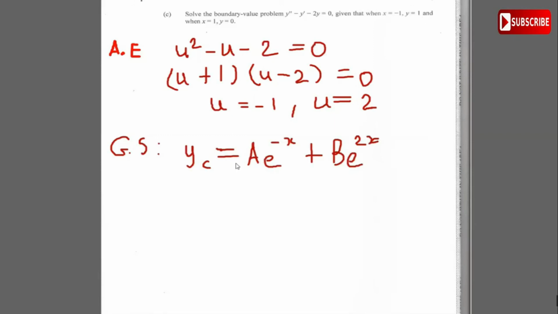But we need to find A and B, because they said given that when x is minus 1, y is 1. So putting y as 1, we get 1 is equal to A e to the minus 1 times minus 1, which is A e to the 1, so A e, plus, x is minus 1, so B e to the minus 2.